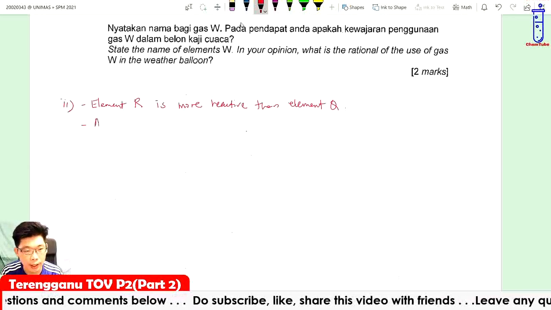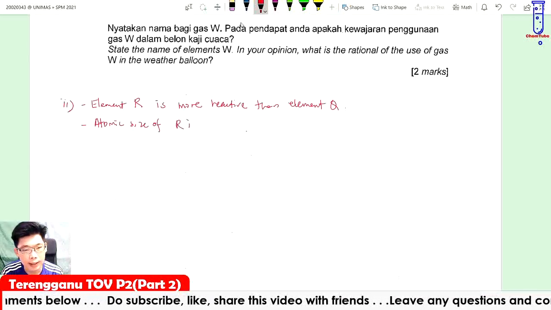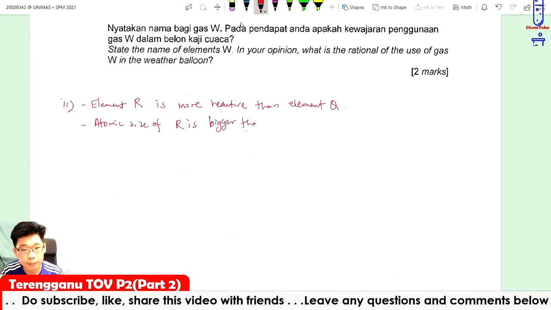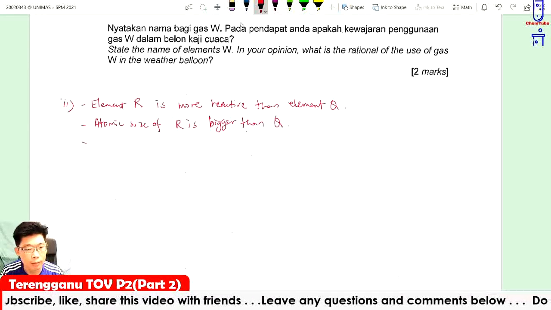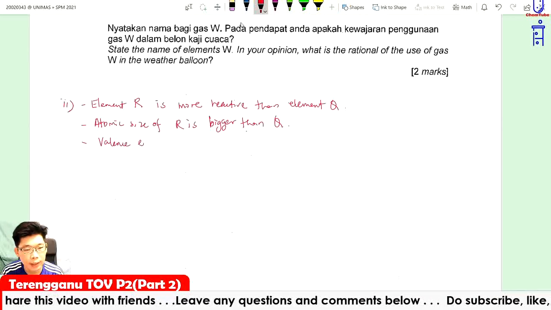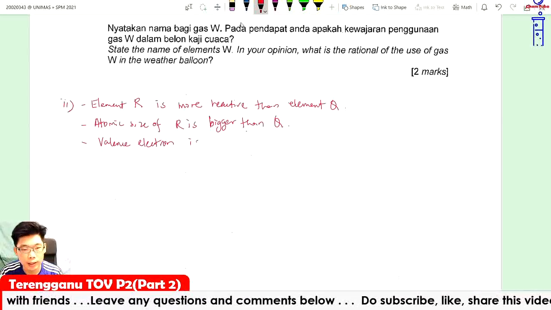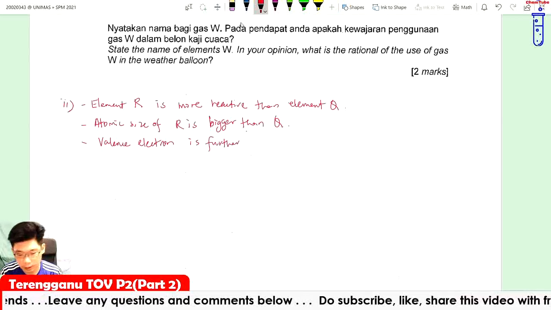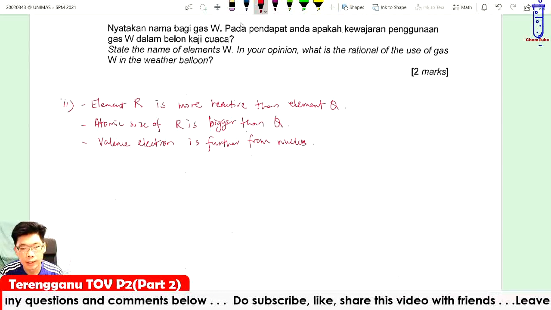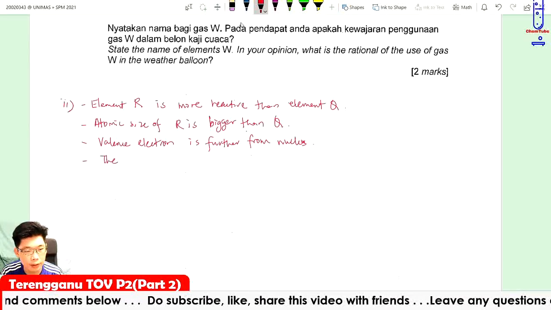So you have to mention atomic size of R is bigger than Q. Okay, so if atomic size is bigger, what is the consequences? So the valence electrons, it has 1 valence electron, right? Is further from nucleus.